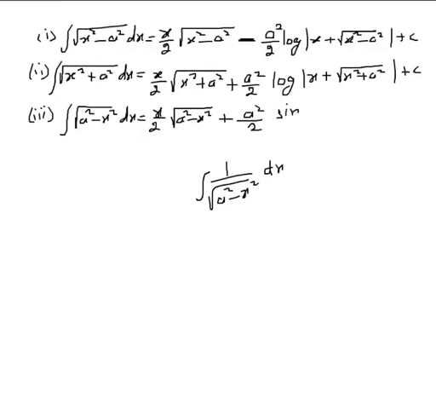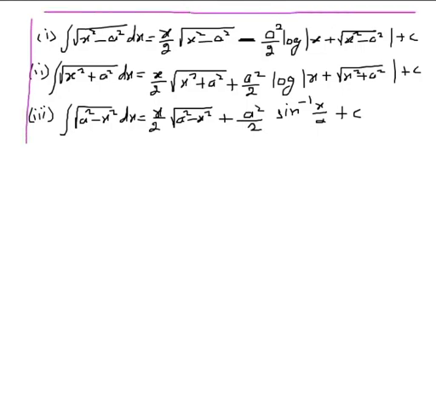So the second term will have sine inverse of x by a and plus c. So the first formula has minus sign in the middle and the other two formulae, they have plus sign. Memorize these three formulae. We are going to use these three formulae for exercise 7.7.